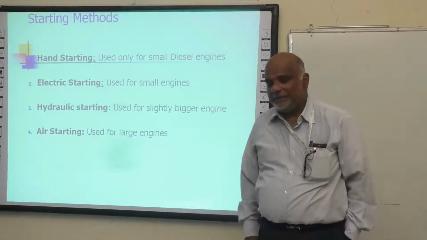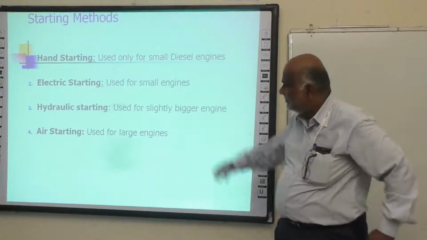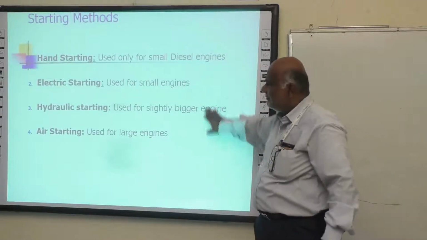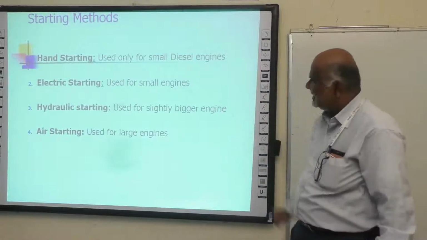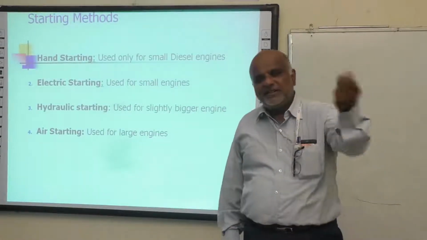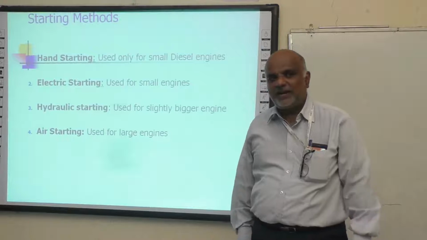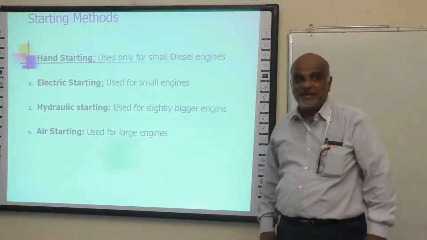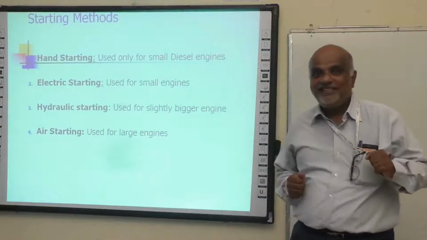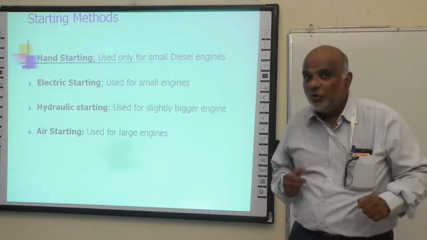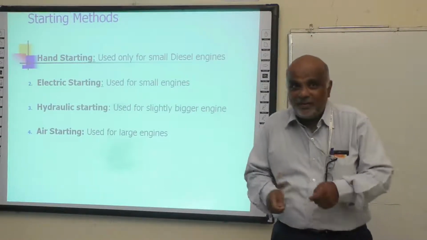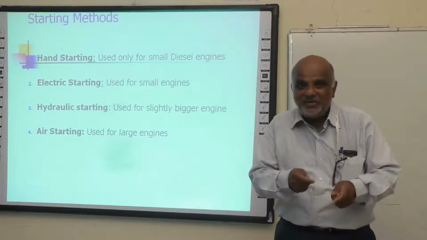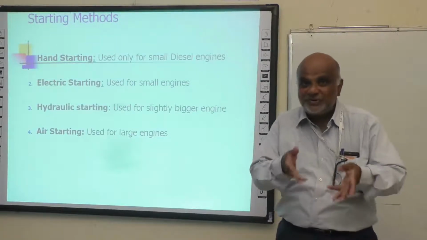Methods of start. How many methods? Four methods. First is hand starting. Let us give an example for hand starting. In our native places where agriculture takes place, there is a small engine. Do you have a battery and all these mechanisms? Can that farmer afford to spend so much?